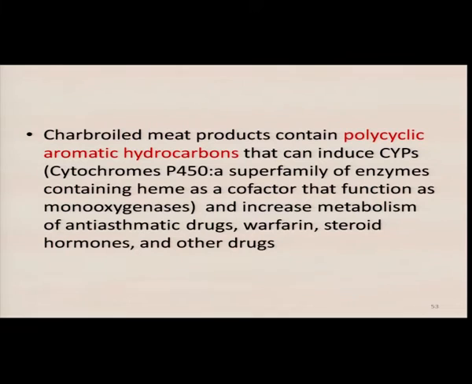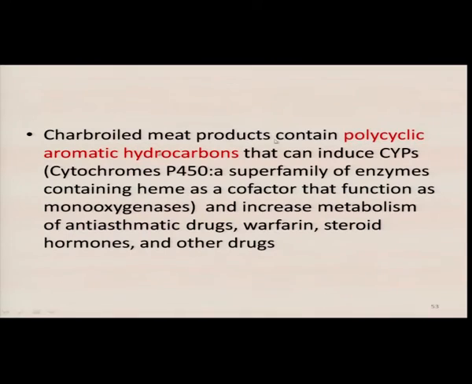Cytochrome P450 is a superfamily which contains many enzymes which have heme as a cofactor. So, the central molecule is heme. The structural modifications can be different, but almost all of these enzymes contain heme as a cofactor, and all of these act as monooxygenases, which are very important. So, when these PAHs are present, they will induce the cytochrome P450 family.